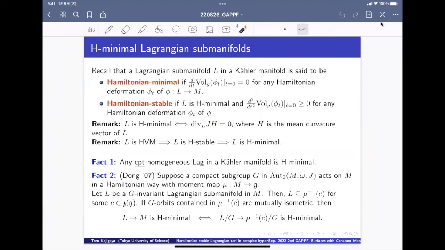And the second fact is due to Yu-Shindon. Suppose a compact subgroup K in the automorphism group acts on a Kähler manifold in a Hamiltonian way with moment map mu.